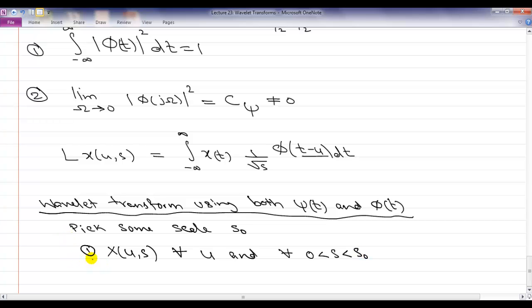And then to take care of the remaining pieces, to take care of the remaining low frequency component, we compute L x of u, s naught, okay, for all u. So for the mother wavelet, we have to compute all possible scales up to s naught. But for the scaling function, we only compute at the scale where we end our wavelet computation of our wavelet coefficients.